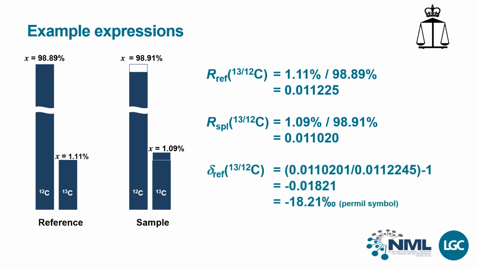From the two carbon isotope ratios, we can calculate the carbon isotope delta of the sample relative to the reference. This is a very small number, so it's usually expressed in per mil, per thousand. The delta can also be negative, and this is a common feature of food components relative to the carbon isotope reference material, which is a marine carbonate.